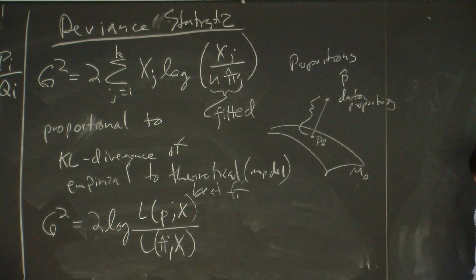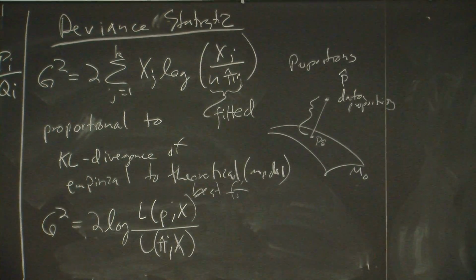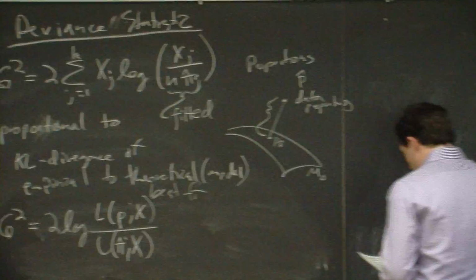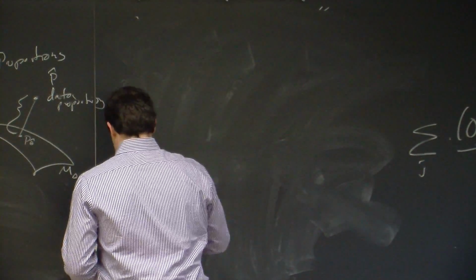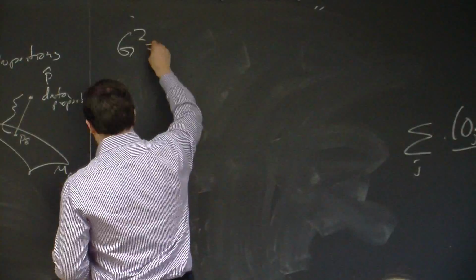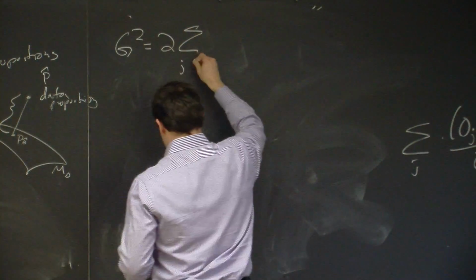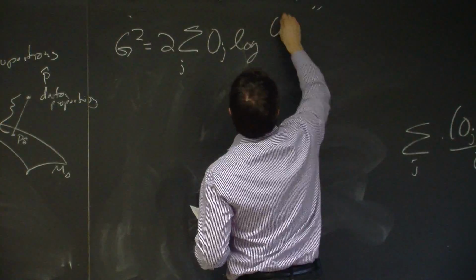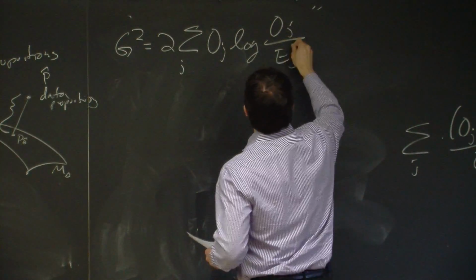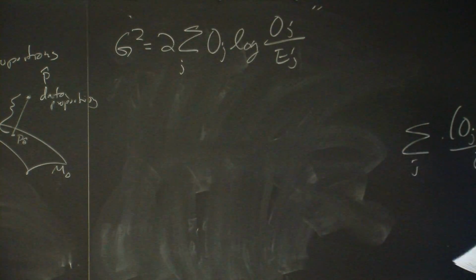It's sometimes called a likelihood ratio test statistic because you can express it in terms of likelihood ratios. And in terms of observed and expected, I could write it as 2 sum over j of o_j log o_j over e_j, observed over expected. Okay.